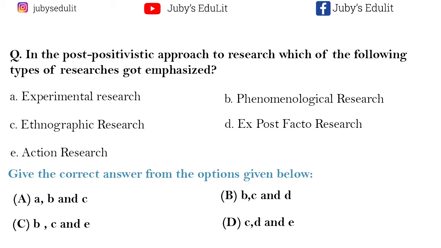There might be some problem or weakness which has to be tackled, and action research helps in real life situations. So post-positivism is there in these, and the right option for our answer is C, which contains phenomenological research, ethnographic research, and action research.